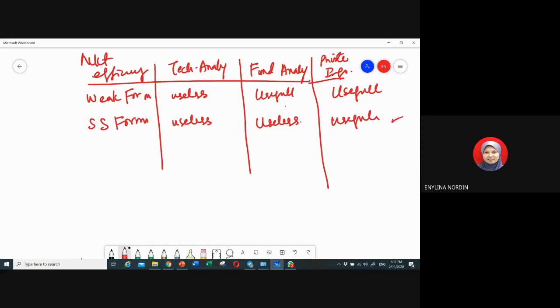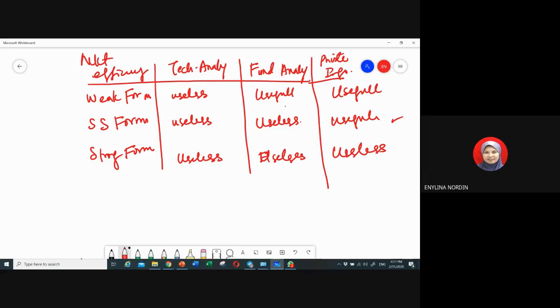Now let's say our market, Bursa Malaysia, becomes strong form. So these three items, technical analysis, fundamental analysis, and also private information, are useless to the investors. Why is that?